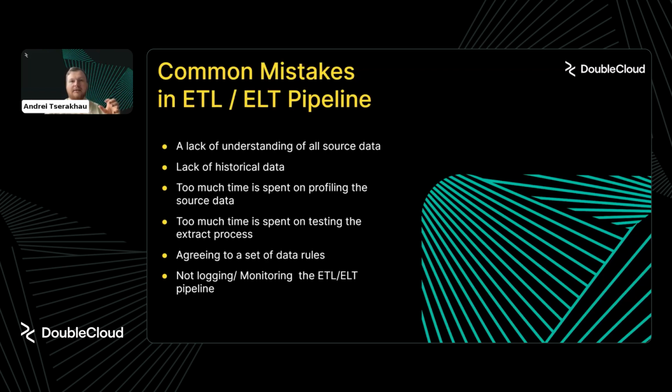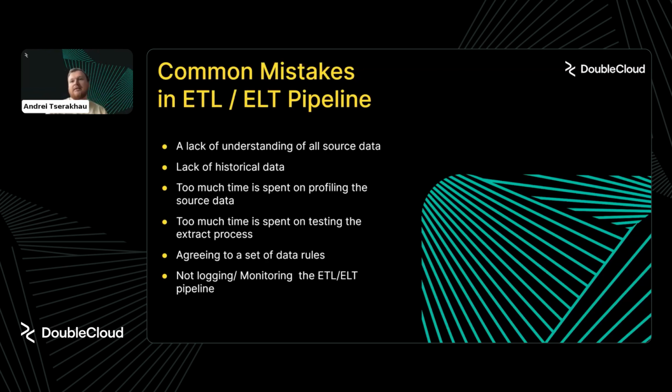Having this historical data is essential. Sometimes it requires more effort, and people try to avoid that effort because historical data usually lies in different databases, in different systems, because systems evolve over time. And usually it's still needed in a data warehouse, so you should still get in touch with your historical data.